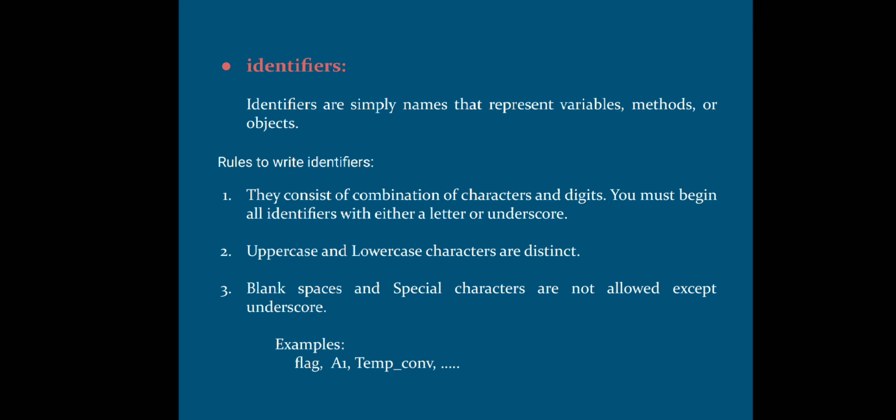Let us see what is an identifier. An identifier is a name given to a program element, such as variables, functions, objects, etc. So to write the identifiers, we have to follow a few rules.